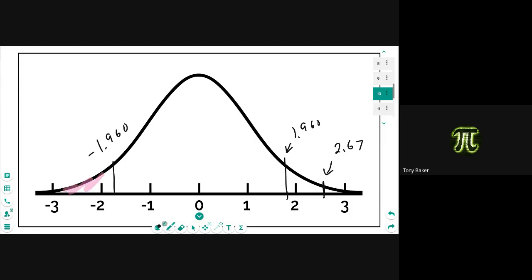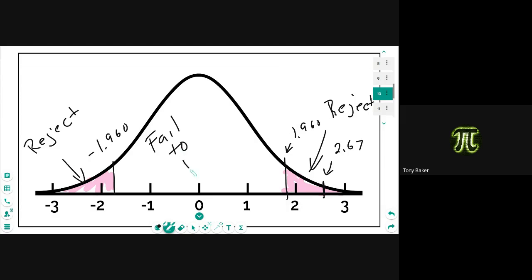If we are in that area, in the shaded area, this is my reject region. And in here is known as a fail to reject.